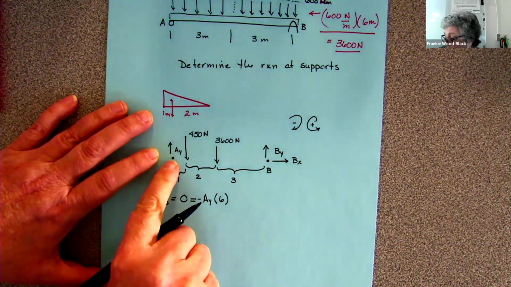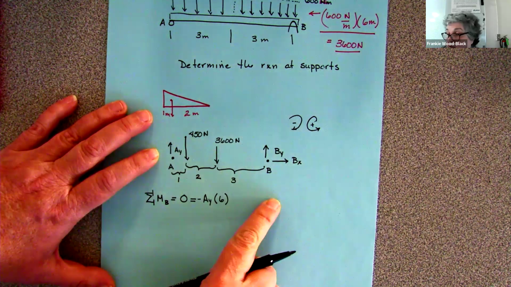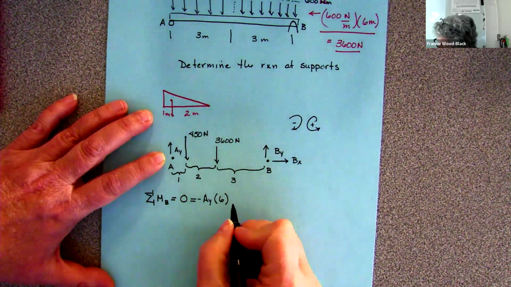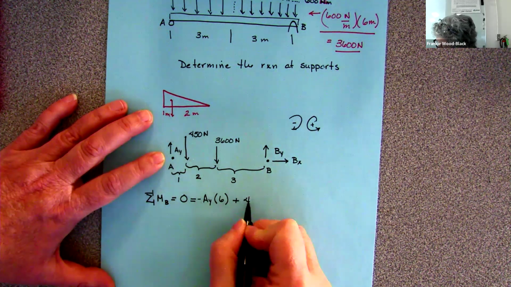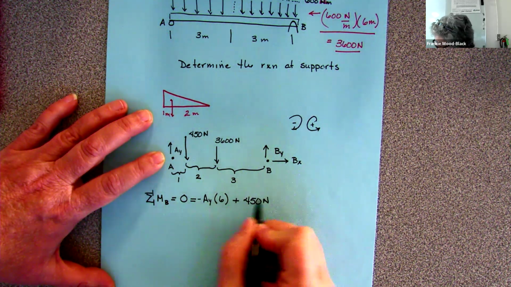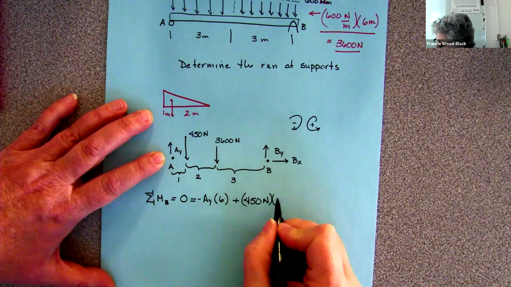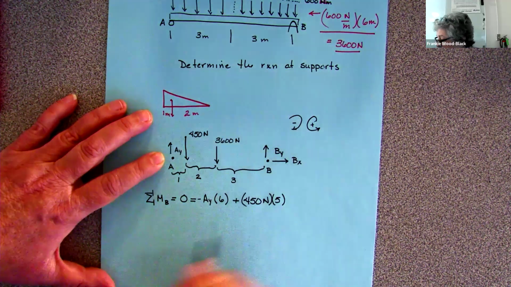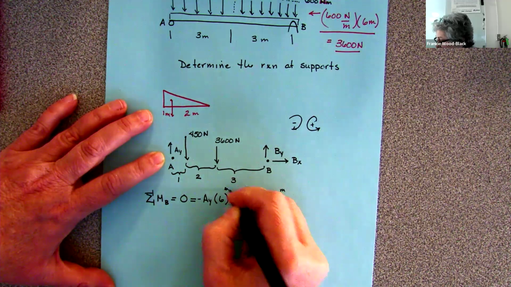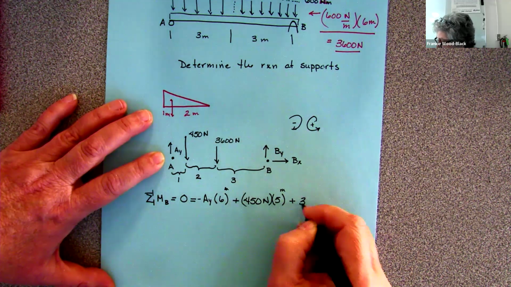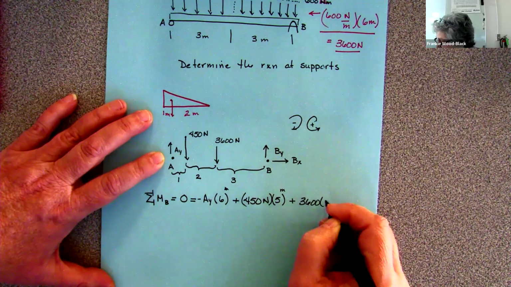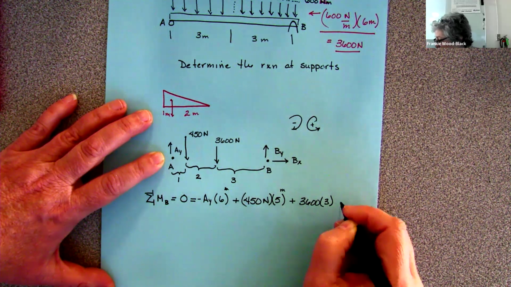Since I've got it going up, I'm rotating this way, so that's going to be negative. The other is my 450 newtons, and it's 5 away from B. And then my 3600 is 3 away from B.